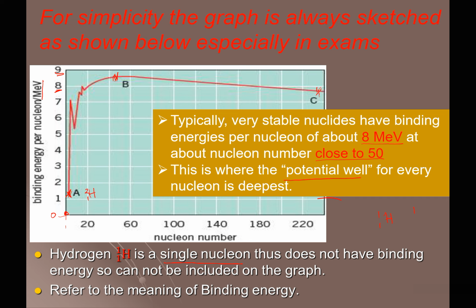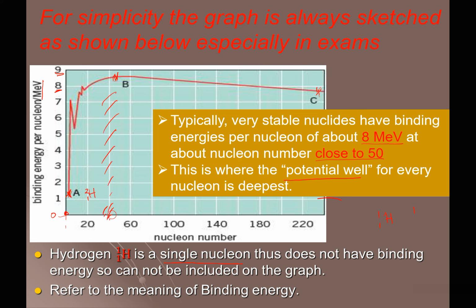Of course, when we look at the graph, lighter nuclei must gain stability. And how will lighter nuclei gain stability? Their nucleon number should be increased so that it tends towards the region of stability, which was around 50. This was the region of stability.